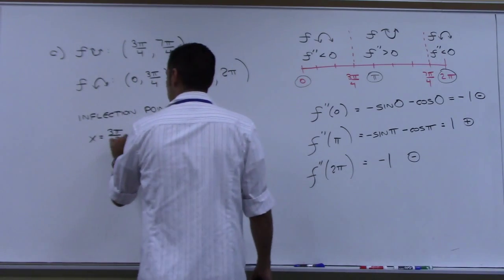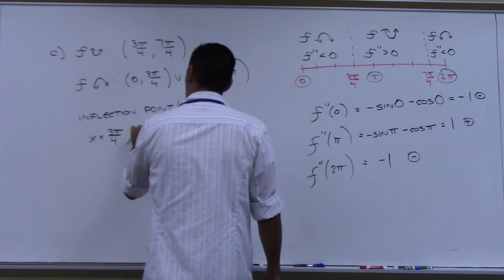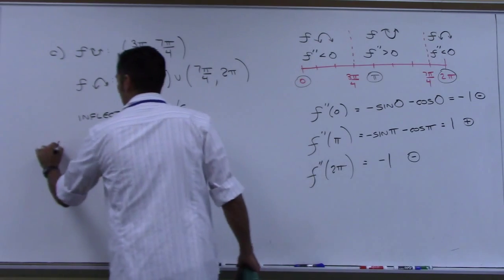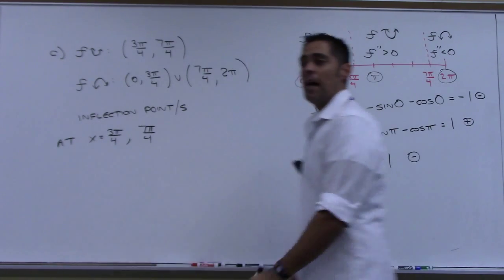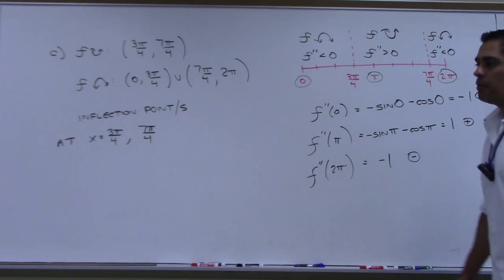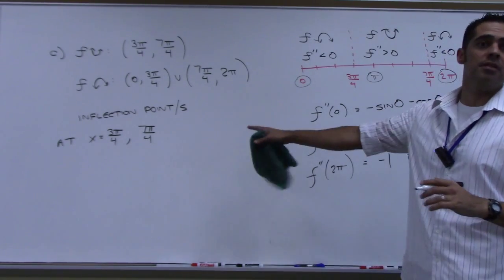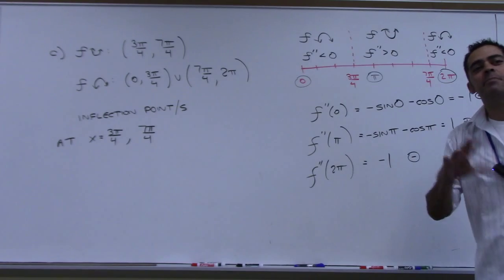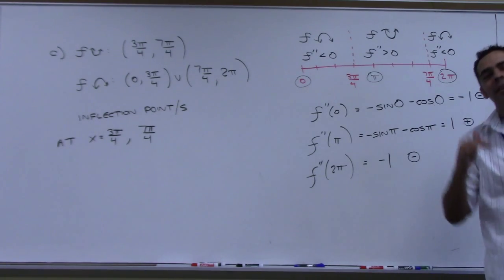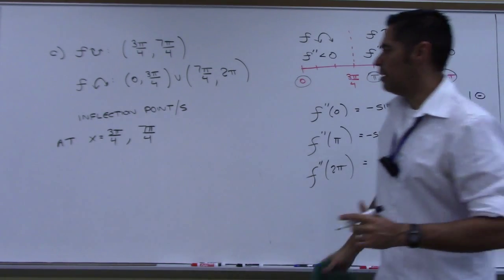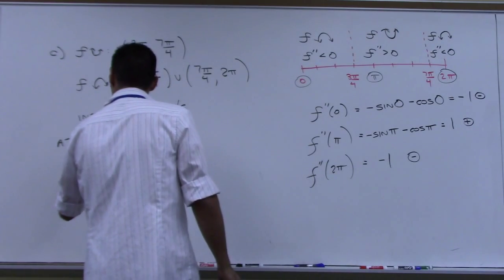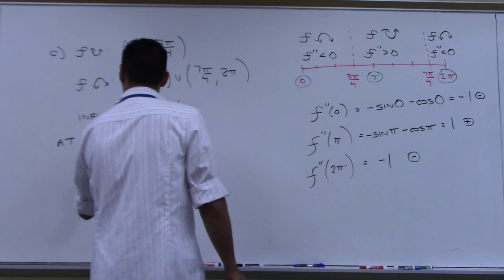So this is where the inflection points are happening, here and here, right? Inflection points are at those x values. And so if we want to know where they are in the graph, we have to plug those into the original function. It's not a max or min, so it's not like we're trying to find that, but you could still do it. Let's do it. What's f of 3 pi over 4?